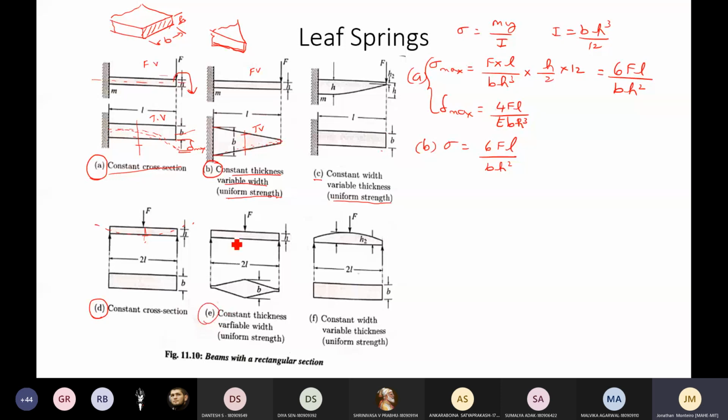Similarly, if you use a different beam, double of this, you will get this particular shape. Okay, this shape is called lozenge shape. I'll just write it here.